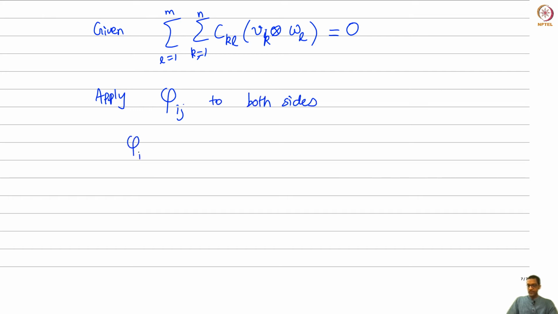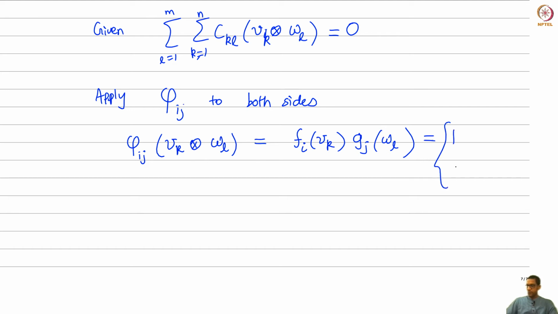Okay, now what does phi ij do? Well, when it acts on vk tensor wl, look back on what it did, it's just fi of vk multiplied by gj on wl. And since f and g are just the dual bases, this will give you 1 or 0. This gives you 1 precisely when k equals i and l equals j, and will give you 0 in all other cases for all other pairs.